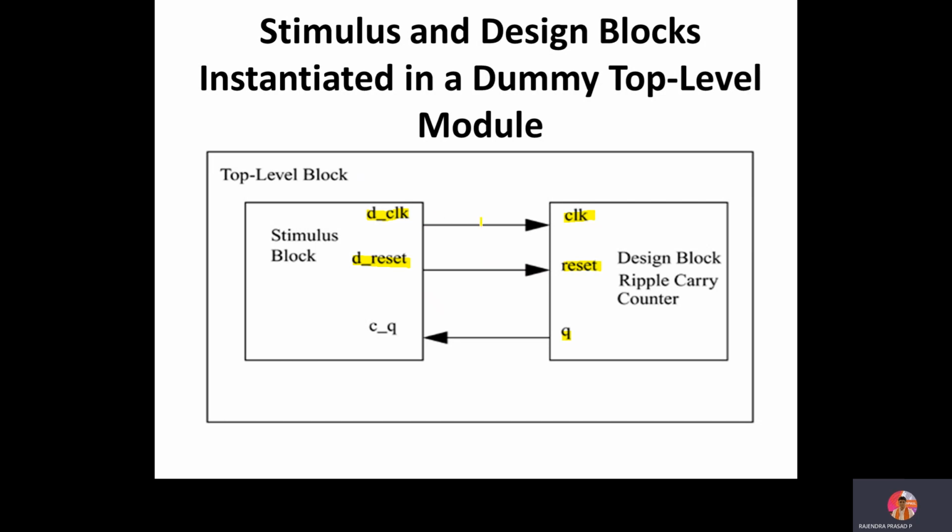Observe the flow: the stimulus values are fed from the dummy block to the design block. And what is the output? The output comes from the design block to the dummy variable. See, the Q value is going to give C underscore Q, so the arrow mark goes from the design block to C underscore Q.